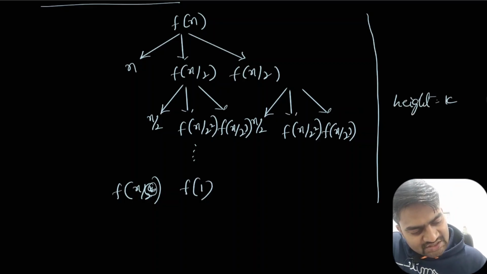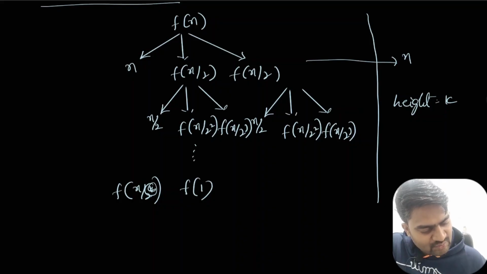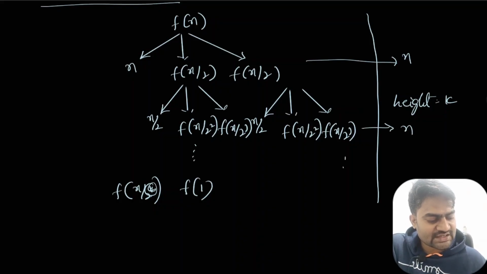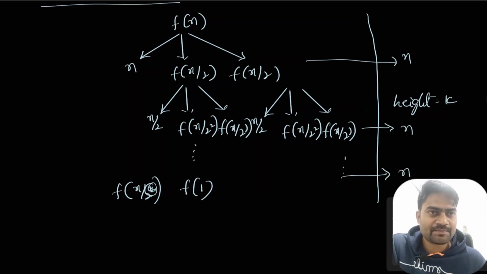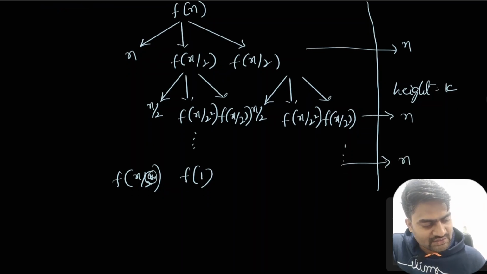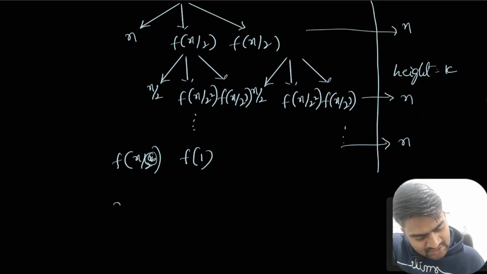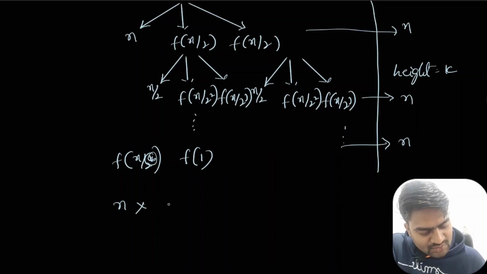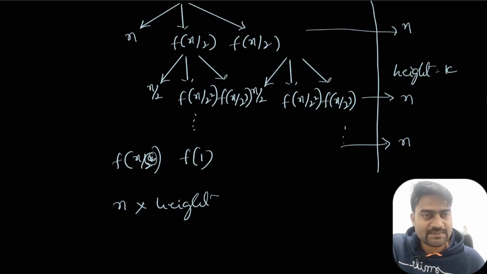And in each step, if you see, there is going to be n amount of work. Here only one n is there, here n by 2, then n by 2, which means again it is n amount of work. In the next iteration also, it is going to be n amount of work. So if that is the case, in each step n units of work into height. This will give us the order of this particular equation.